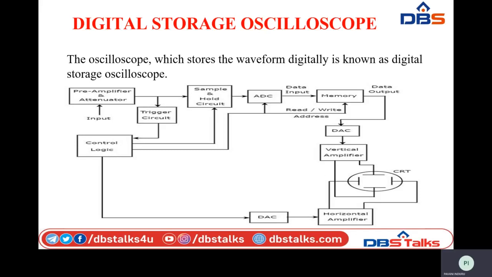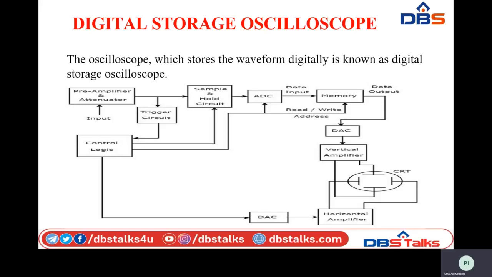In the previous sections we have discussed different types of oscilloscopes, but here we have memory available in the digital storage oscilloscope, and then before we display it on the fast phosphor screen, we are able to read out the values of the different waveforms on the screen.